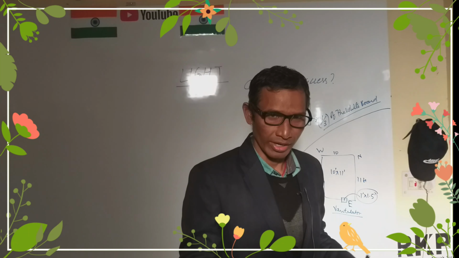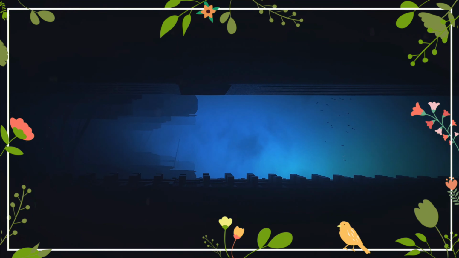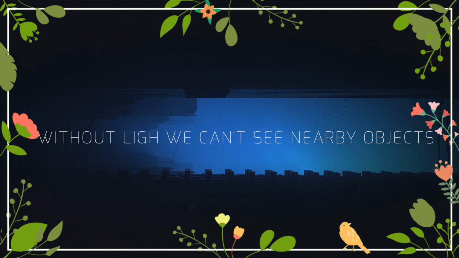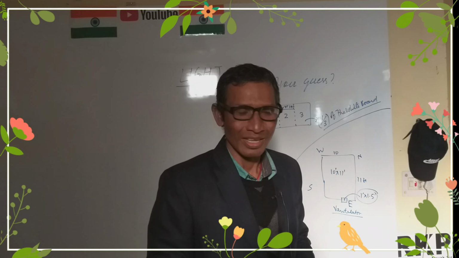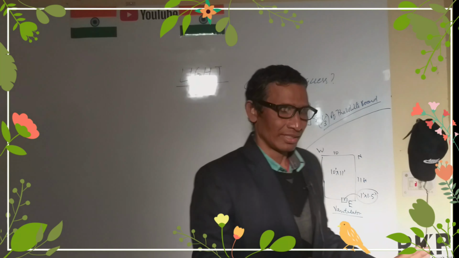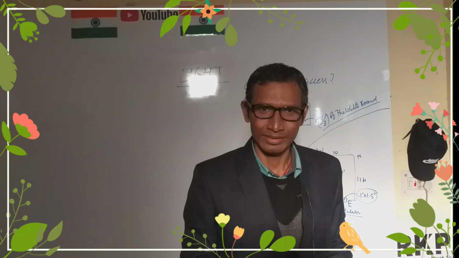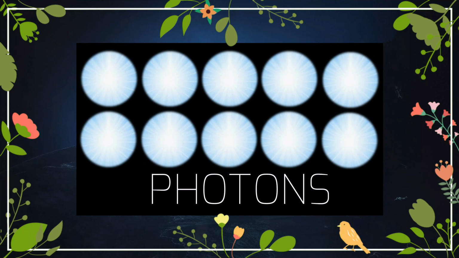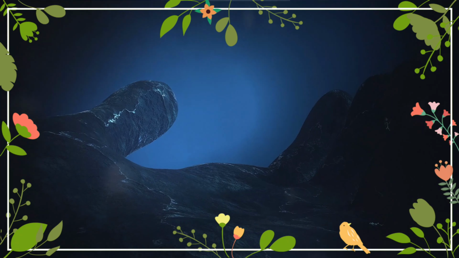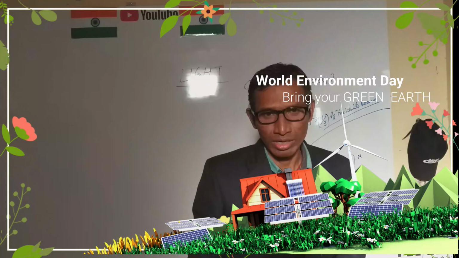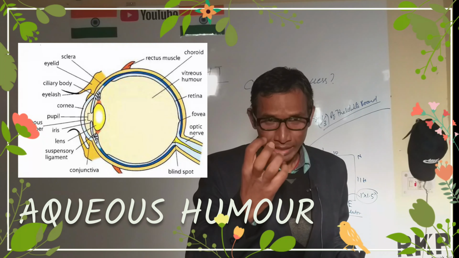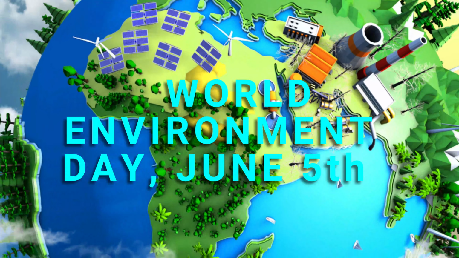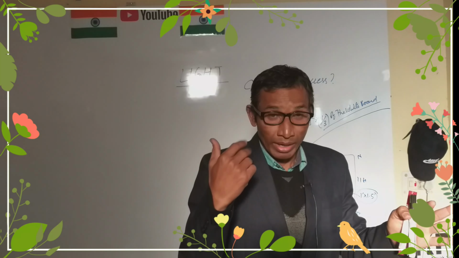So light is very important. Without light we cannot see nearby objects, because our eye needs photons. When photons are present, our aqueous humor attracts the photon, and hence there is vision on my retina.